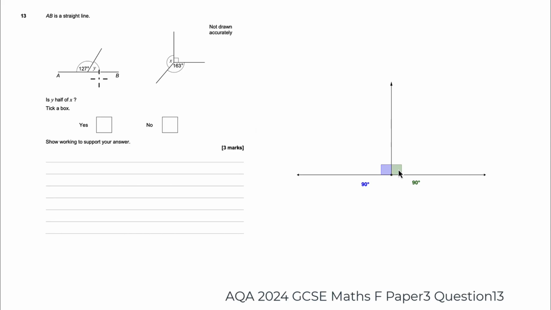So two 90 degree angles on each side. Now, if I increase the angle on the left, the angle on the right decreases by the corresponding amount. And we end up with the sum of these two angles always being 180 degrees.